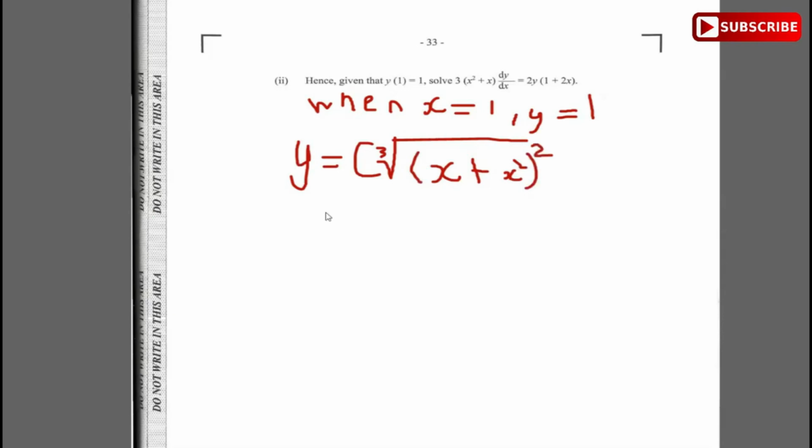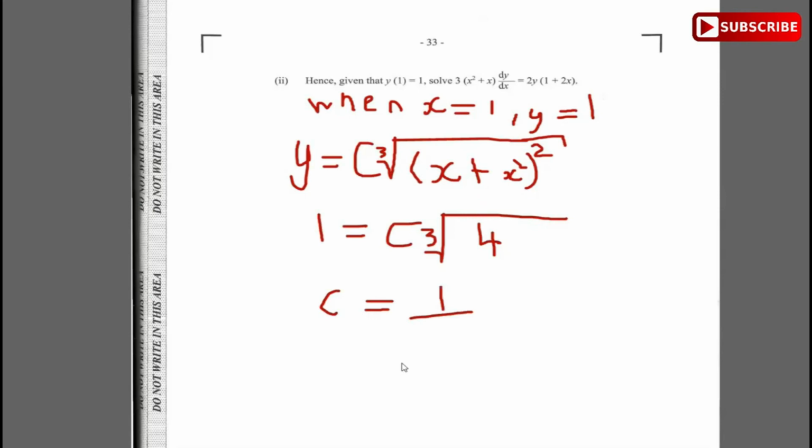So substituting x and y as 1, we're getting 1 is equal to c times the cube root of, 1 plus 1 is 2, 2 squared is 4, so we want the cube root of 4. So the cube root of 4 times c is 1, so we divide by the cube root of 4, and so c is equal to 1 over the cube root of 4.